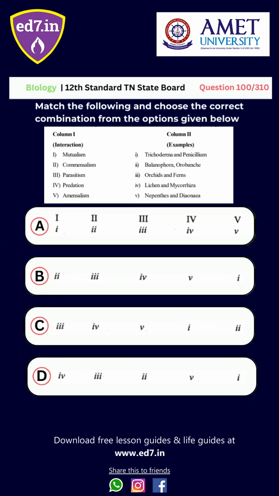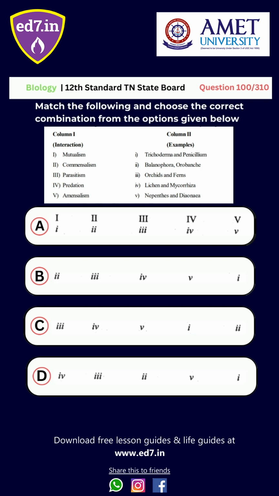Question number 100. Match the following and choose the correct combination from the given options below. Column 1 is interaction, column 2 is examples. Under column 1 we have: 1 mutualism, 2 commensalism, 3 parasitism, 4 predation, 5 amensalism.